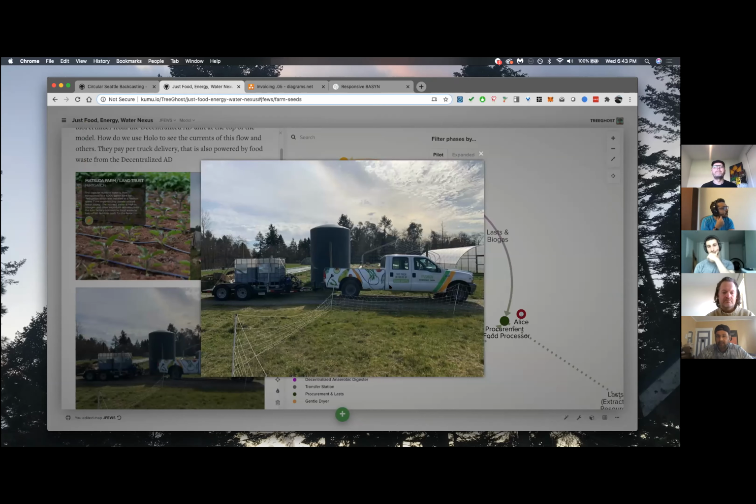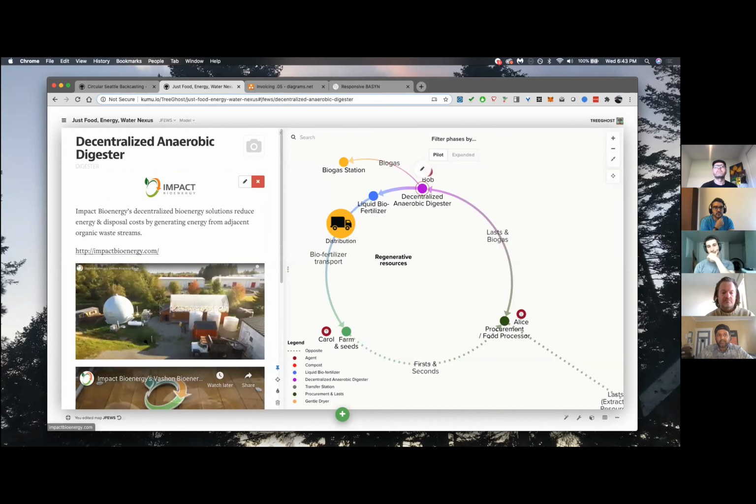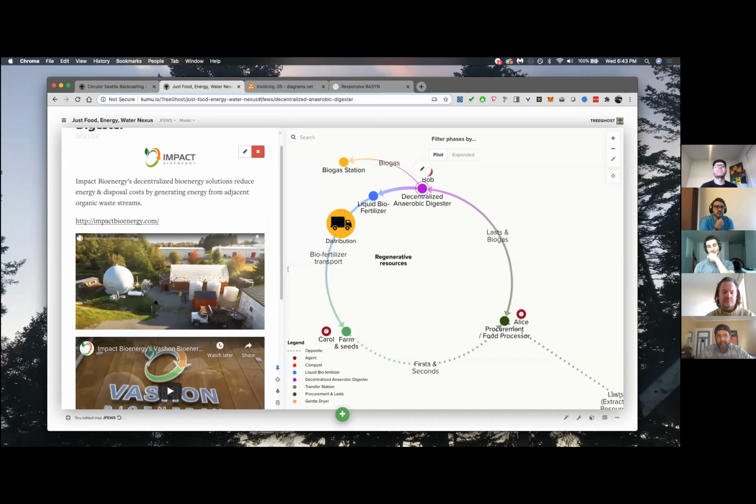It's just a converted biogas truck, which gets fueled from digestion, and this digester is what actually makes it happen. The digester works like a cow's stomach. You feed it, it makes pee and poop, in essence, and gas, and that gas is used to power things. The pee is the liquid fertilizer.